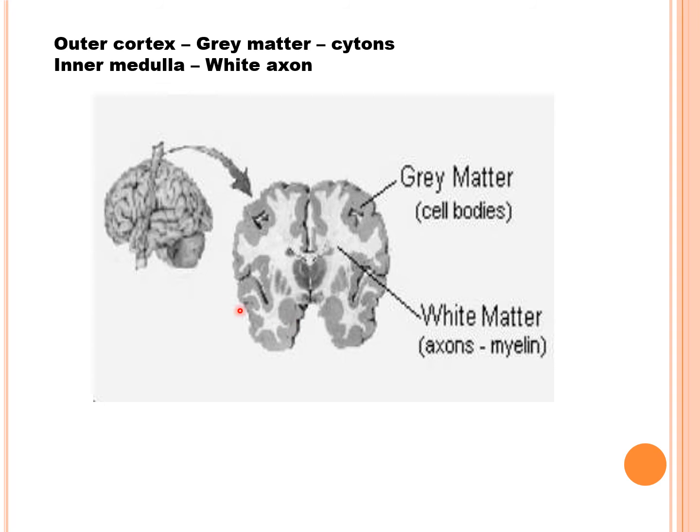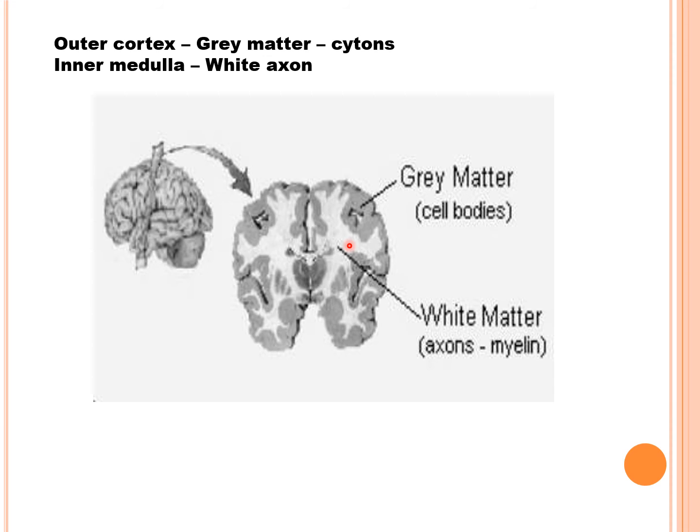The outer part of the cerebral cortex is made up of nerve fibers, which is called the gray matter. The gray matter contains the cytons or the cell bodies of the nerve cells or the neurons. The inner layer of the cerebral cortex is called the medulla.